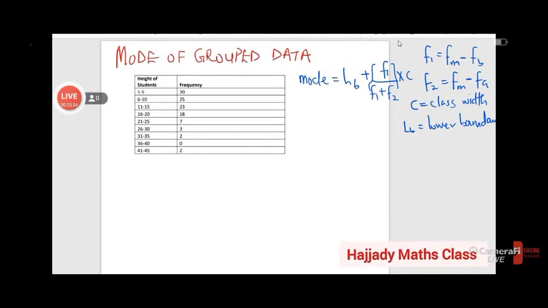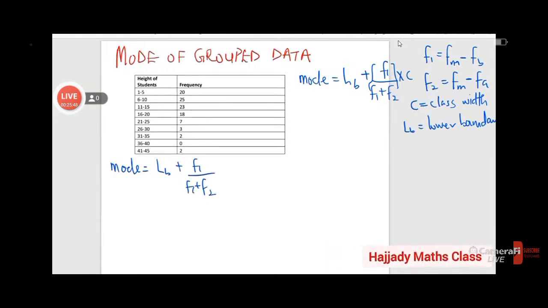We are making use of the same formula: mode equals LB plus F1 over F1 plus F2 multiplied by C. The first thing is to determine our modal class.